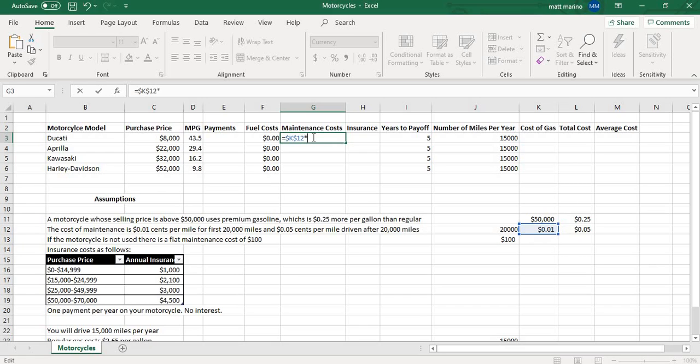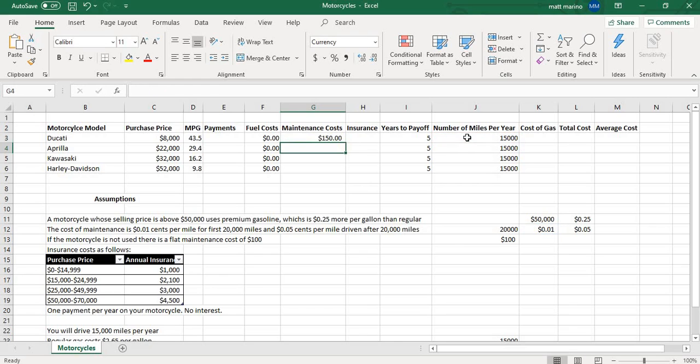And we need to multiply this by something. Well, we multiply it by our number of miles per year. You'll notice a value of $150. We autofill down and we notice that it is the same for each of our motorcycles because each motorcycle is utilizing the same amount of miles per year.